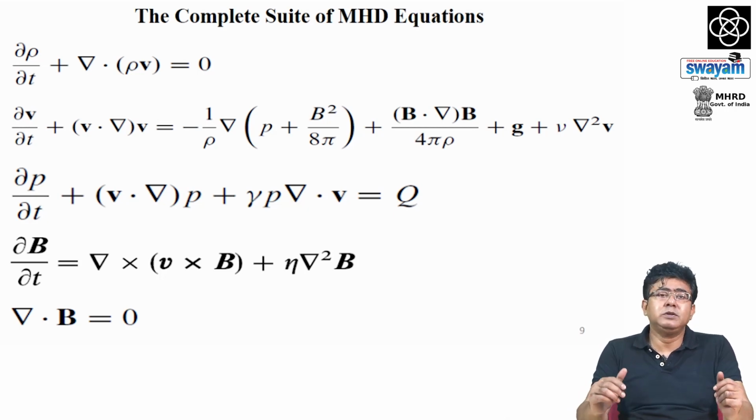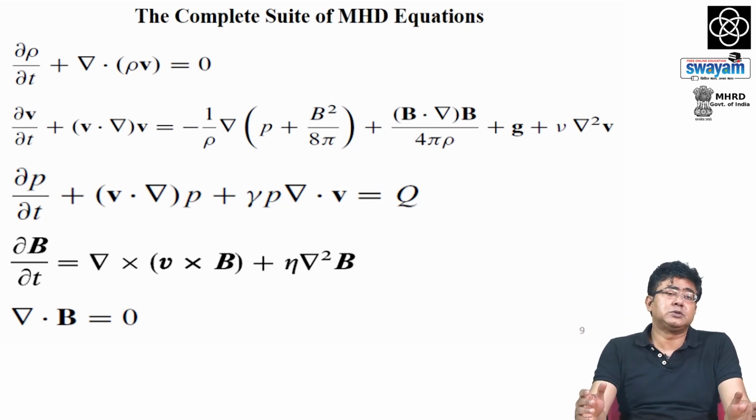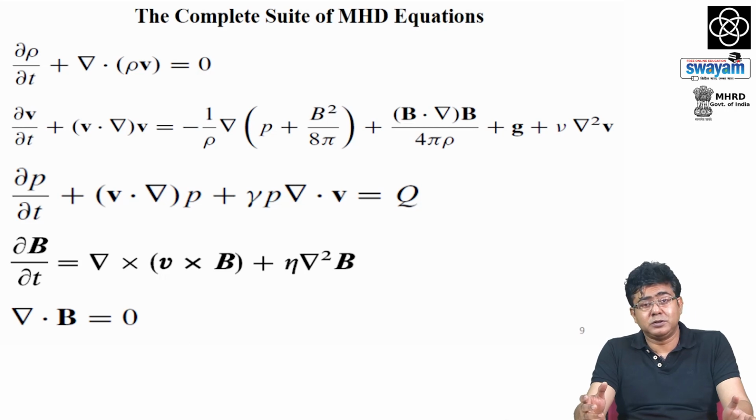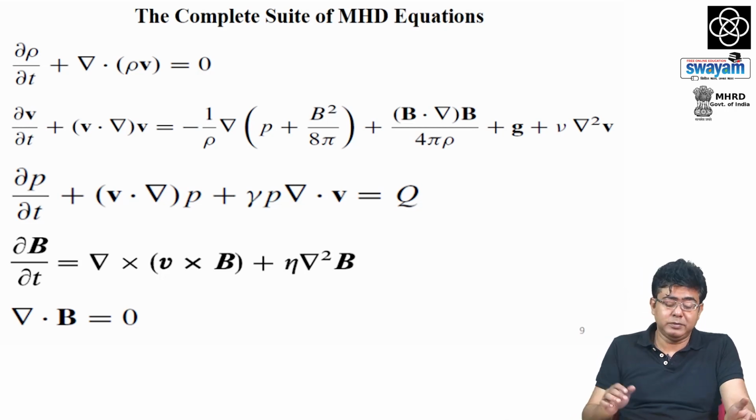So, if you want to solve the full MHD system, you would like to solve all of these equations together simultaneously, and because these are all coupled, nonlinear equations, you have to take recourse to computation if you want to do this all at the same time.